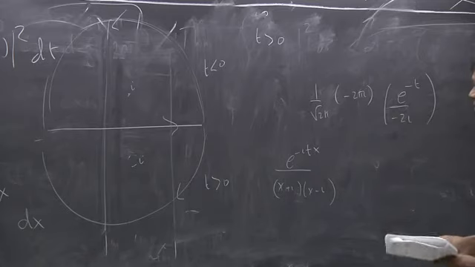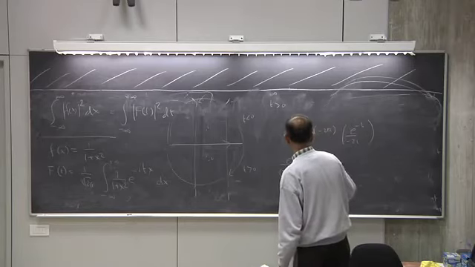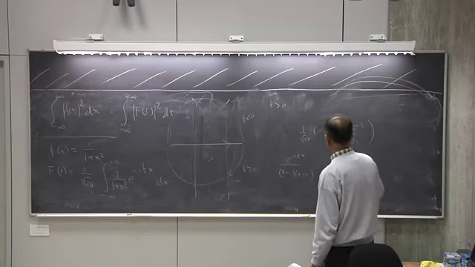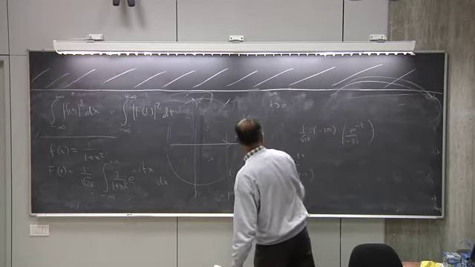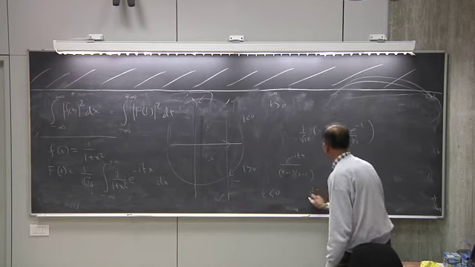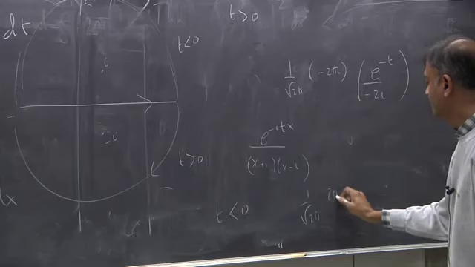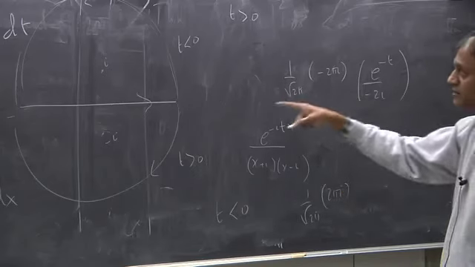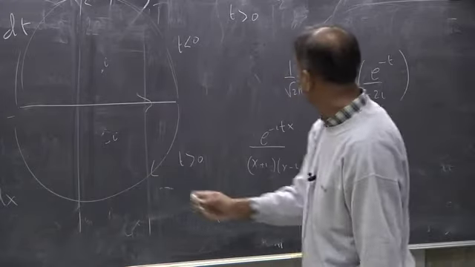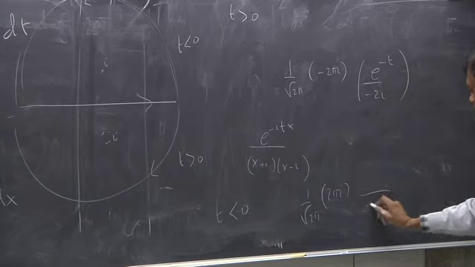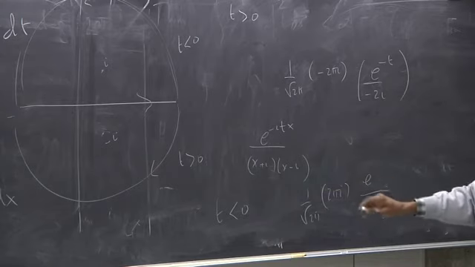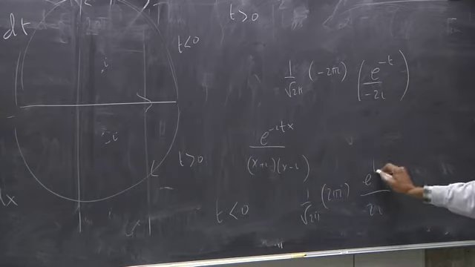So that is for t positive, and for t negative you have this other contour. You get 1 over root 2 pi times 2 pi i, with no extra minus sign because it's counterclockwise. The residue is now at x equal to i, so there is a 2i times e to the plus t.